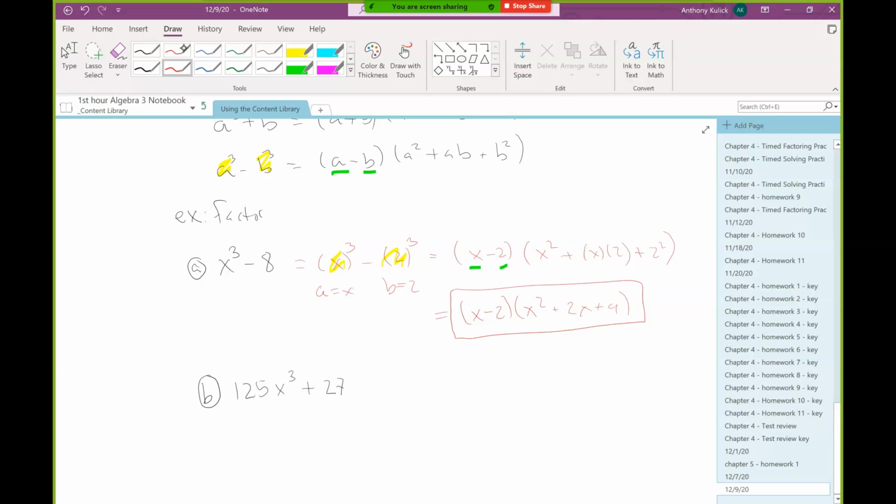So because I see that my polynomial has an x cubed and then a constant, I would start thinking maybe this could be written as the sum or difference of 2 cubes. So I'll start investigating. I really want to know if 125 is something cubed. Well, I know that 5 times 5 is 25, and 25 times 5 is 125.